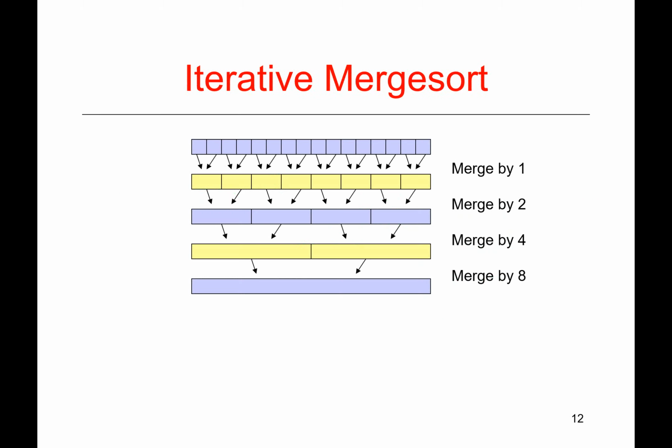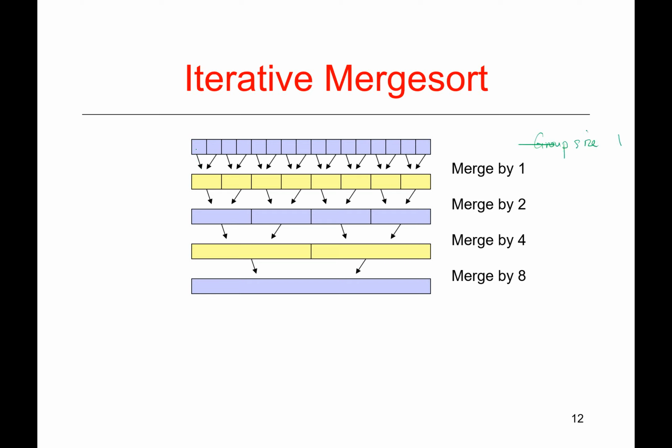Another type of implementation is based on an iterative approach, and we set up the group size from 1 through n. In every iteration, we increase the group size, and also in every iteration, we merge adjacent two groups. In the beginning, the group size is 1.